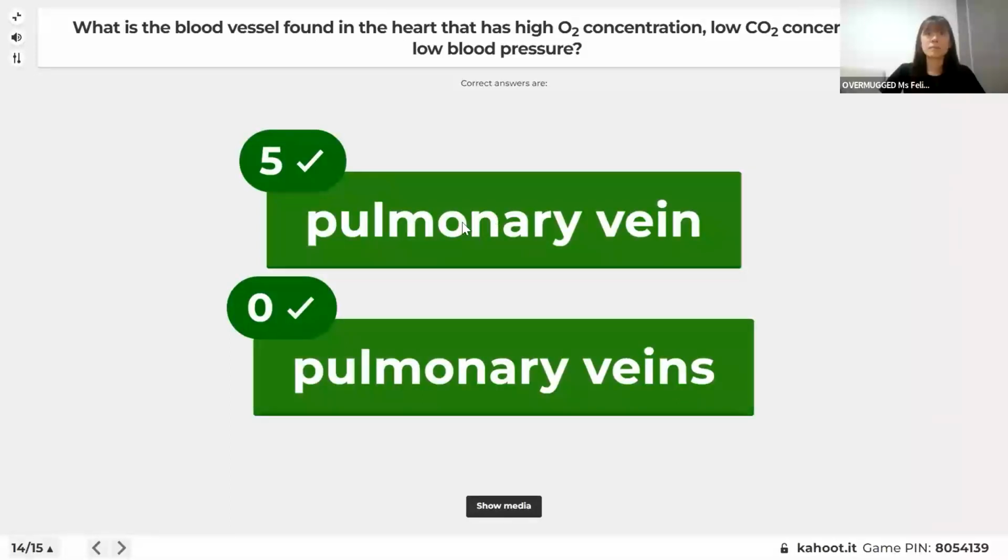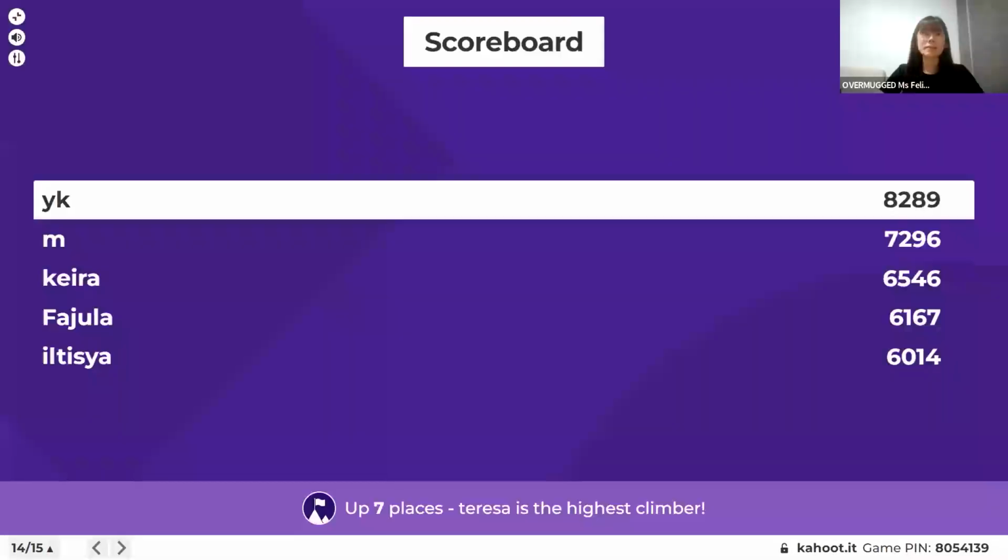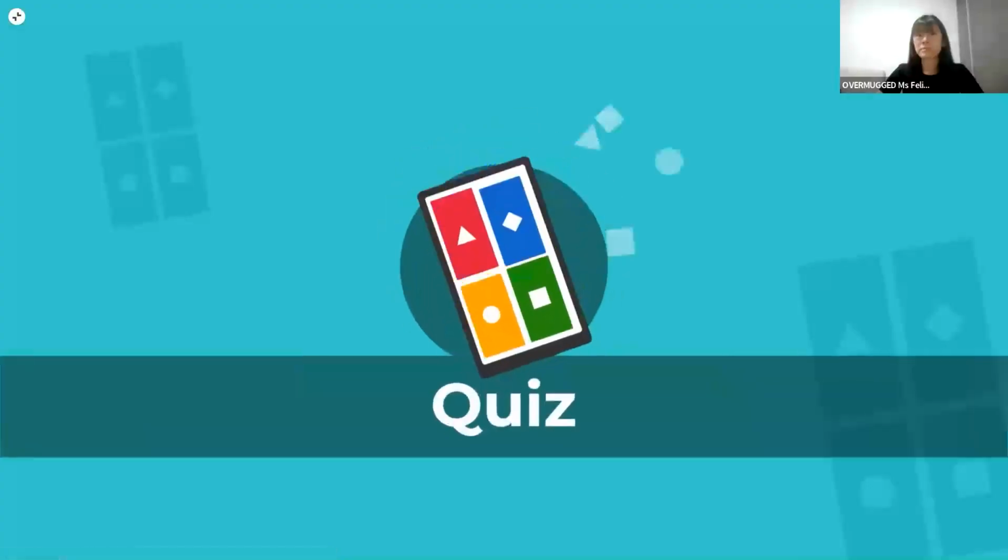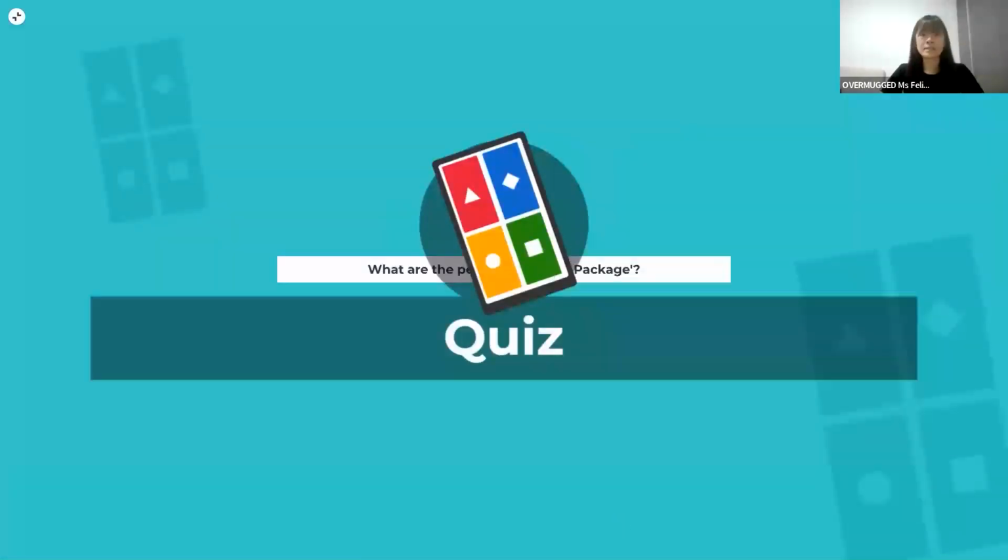Because the lung has a lot of oxygen, right? And this is the blood from the lung that goes into the heart. So if it goes into the heart, it has a lot of oxygen to be pumped to the rest of the body. And since it is from the lungs, the blood pressure will be very weak. I think it's almost coming to an end already. I think this is the last question really.